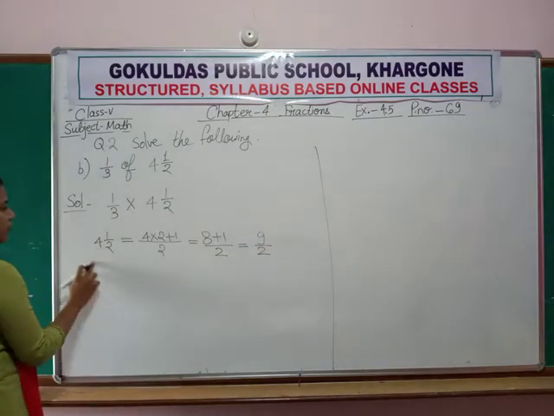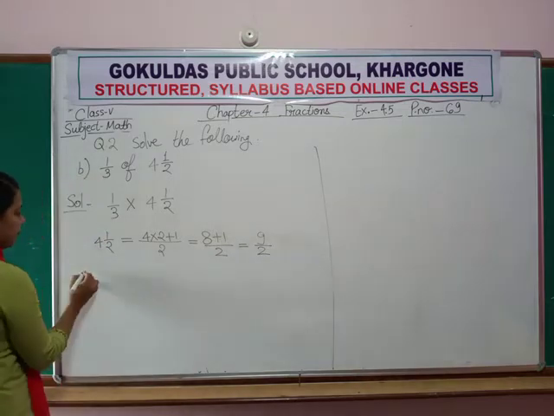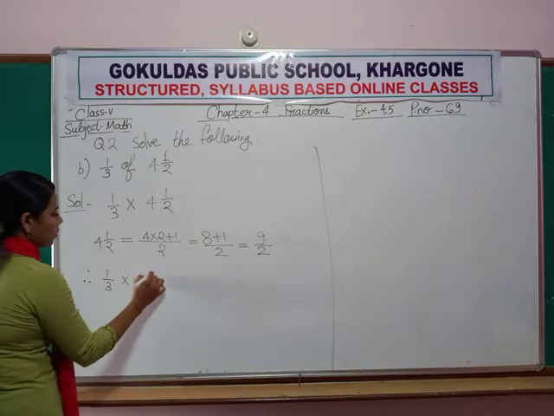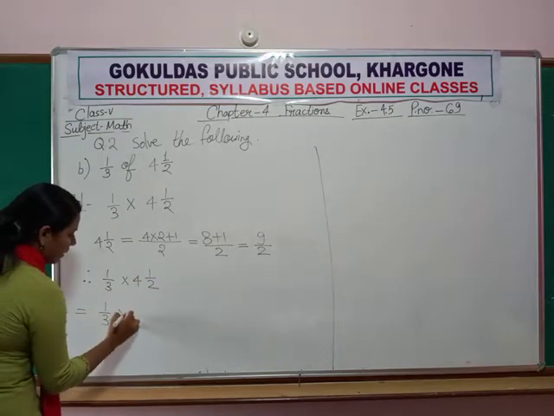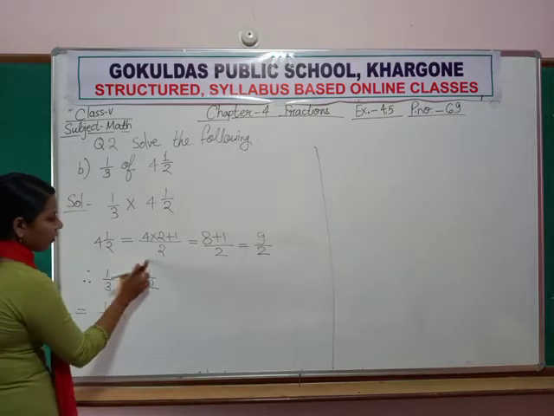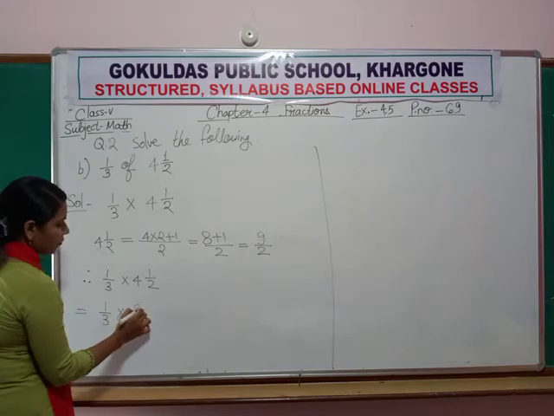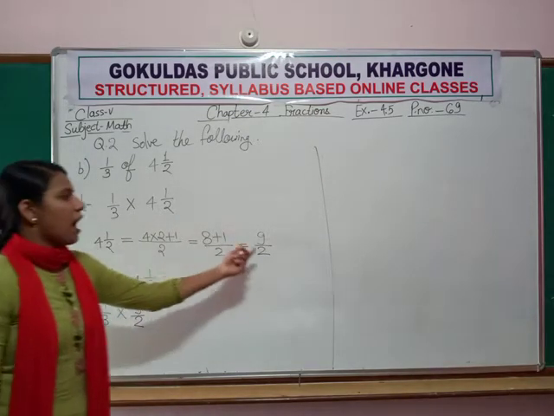So when we convert this into an improper fraction, we get 9 by 2. Therefore 1/3 of 4 1/2 is equal to 1/3, multiply as it is, we copy it down, and we write 9 by 2 at the place of 4 1/2. Why? Because these are equal.